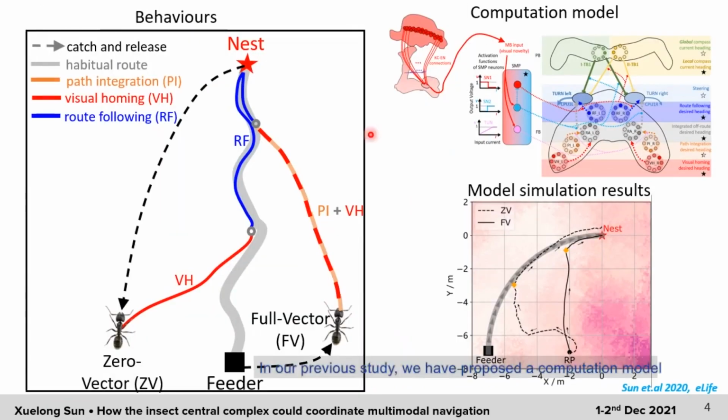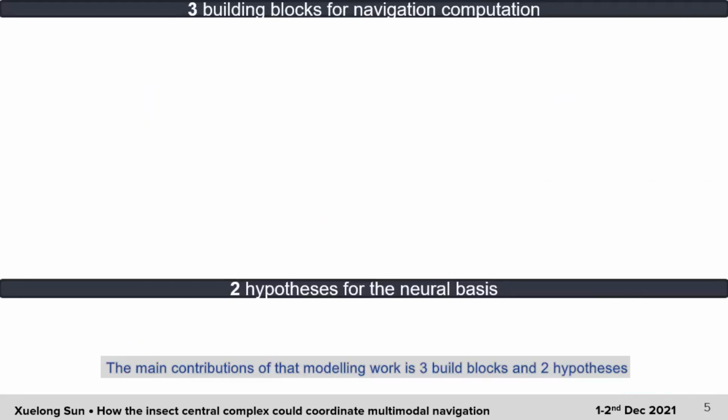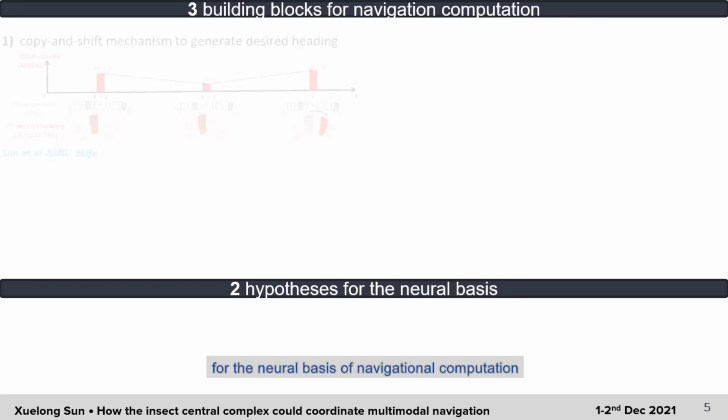In our previous study, we proposed a computational model that could reproduce realistic behaviors of real ants. The main contributions of that modeling work are three building blocks and two hypotheses for the neural basis of navigational computation.